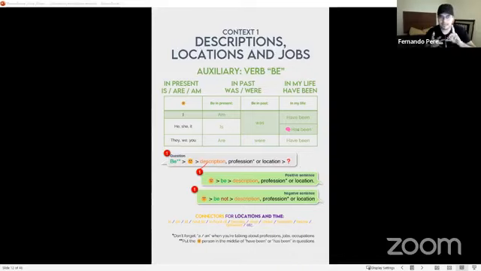Which is very interesting. When we learn English, the most common problem is when people make a question with the verb be. For example, if you ask, ¿estás bien? This expression in Spanish only has two words, right?